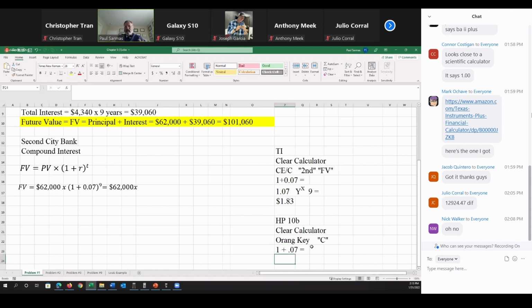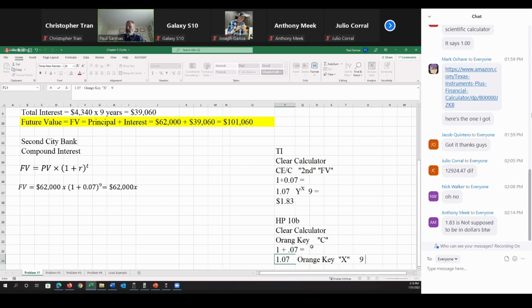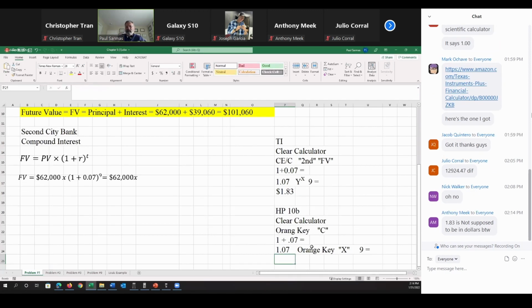The calculator will give you 1.07. Then you use orange key and multiplication key. That will give you y to the x. If you look at your calculator, that is y to the x key. You put 9 equal, and you will get 1.8385. If you are not getting that, let me know.